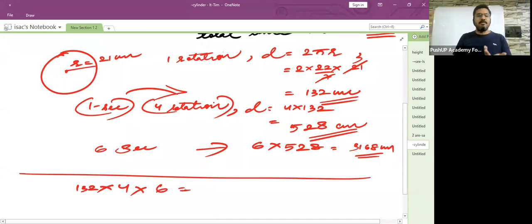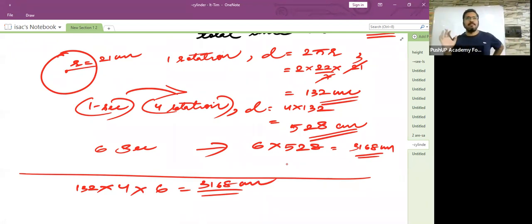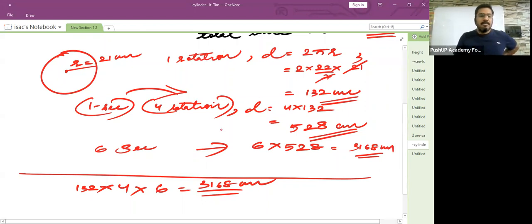So you just do 132 into 4 into 6. There also you will get the same answer, 3168 centimeters. The first one is very lengthy and the second one is very short. Am I clear with this? Maria, Janice, do you still have a doubt? No? Ria, no doubt? Okay, so this is all about the distance covered.